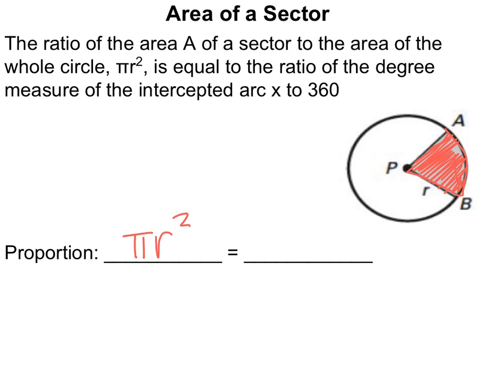I probably should have deleted this slide, but that's okay. We can think about it where A is the area, not that point on the circle, and then x being the degree measure right here.